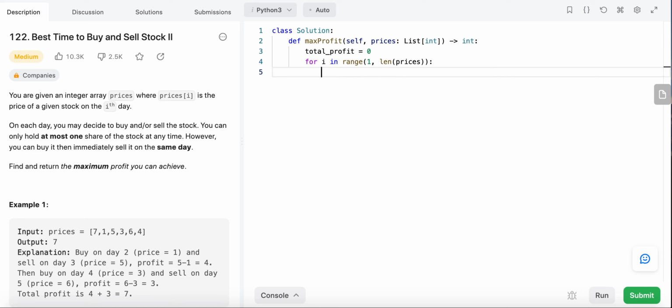If prices[i] is greater than prices[i - 1], meaning the current price is greater than the previous day's price, we can purchase on the previous day and sell on the current day to make a positive profit. So in that case, we add that to the total profit.